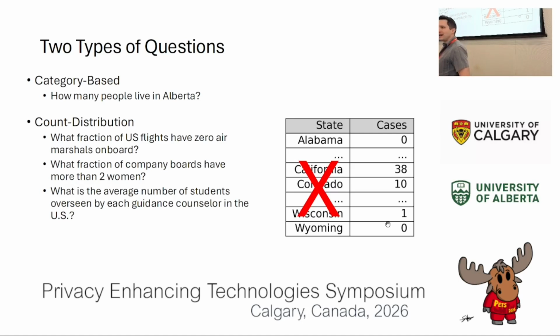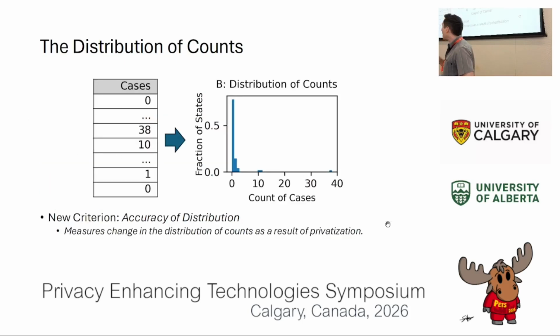Now let me give you a new way to think about that column of counts. I could take all those count values, and I could plot them on a histogram. In this histogram, in position I, we have represented the number of states, or some other category, that has exactly I people inside.